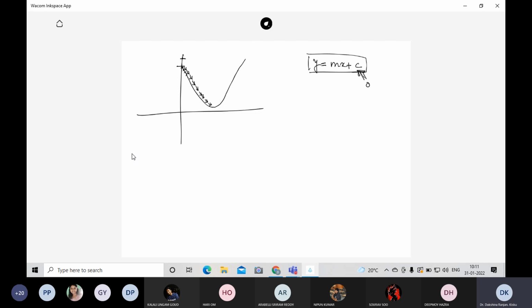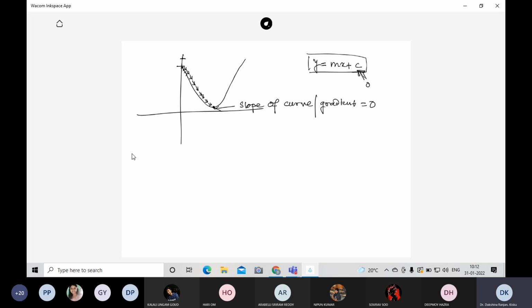Here we could have the slope of the gradient found to be 0. That means the slope of the curve, or gradient, is found to be 0.